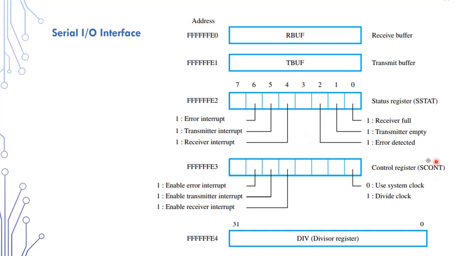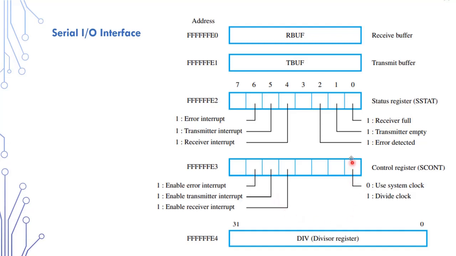The control register SCONT is used to hold the interrupt enable bits. Setting bits SCONT 6 to 4 to 1 or 0 enables or disables the corresponding interrupts respectively. The register also indicates how the transmit clock is generated.